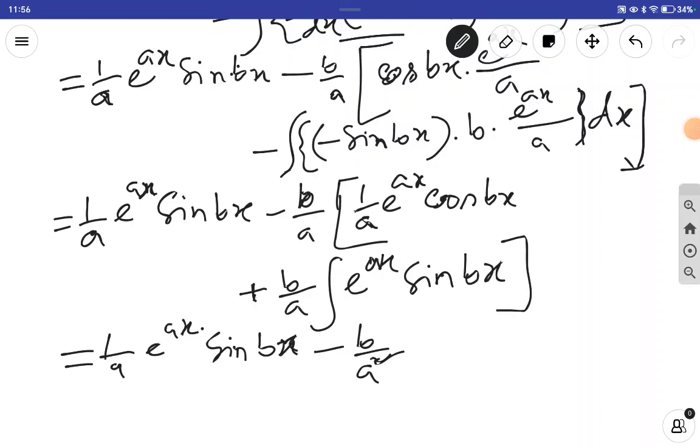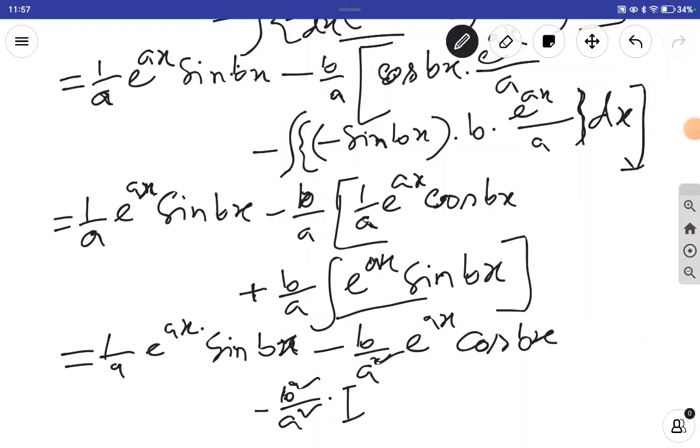So b by a square e to the power ax cos bx minus b square divided by a square into I instead of this.